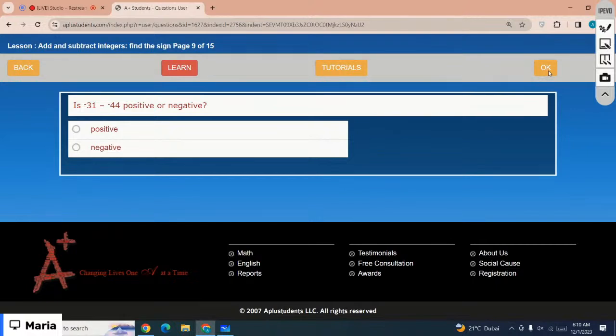Is negative 31 minus negative 44 positive or negative?